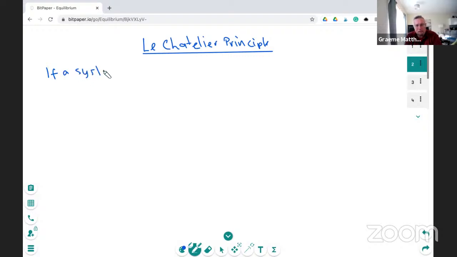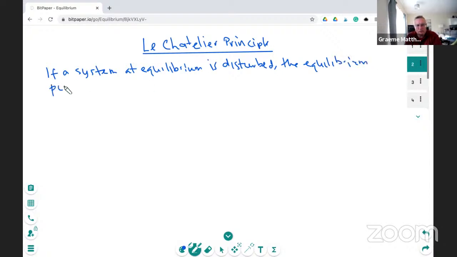Le Chatelier then said, if a system at equilibrium is disturbed, it's bothered, the equilibrium position moves in the direction that tends to reduce the disturbance.